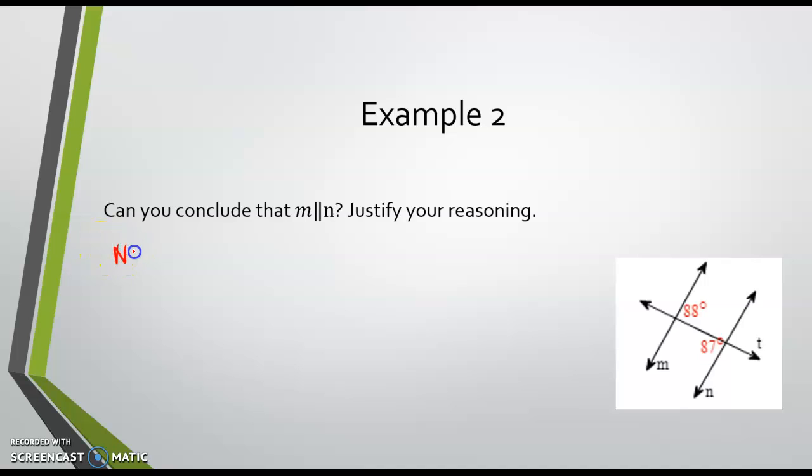So, no, M is not parallel to N, and that's because the alternate interior angles are not congruent. And so that's why we cannot conclude that M is parallel to N.